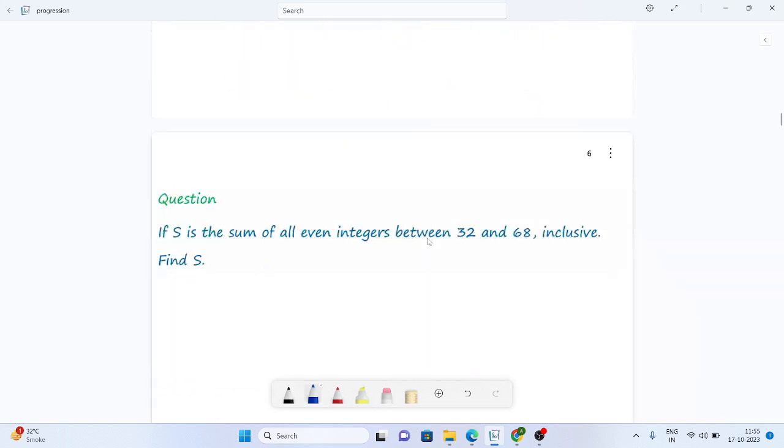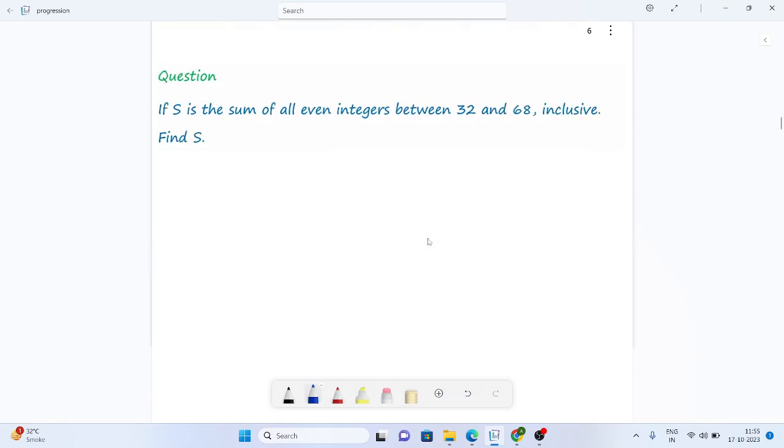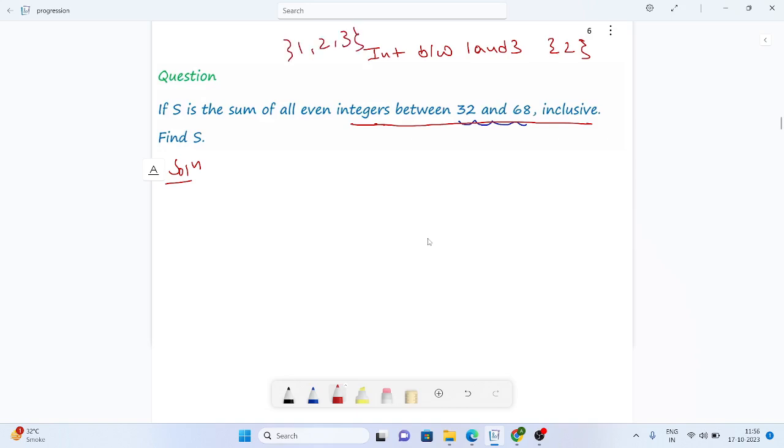Done? Okay. Now, if S is the sum of all even integers between 32 and 68 inclusive, find S. First you tell me, understand the meaning of this line. If I ask integers between 1 and 3, it is 2, because 1, 2, 3, so between 1 and 3 is 2.